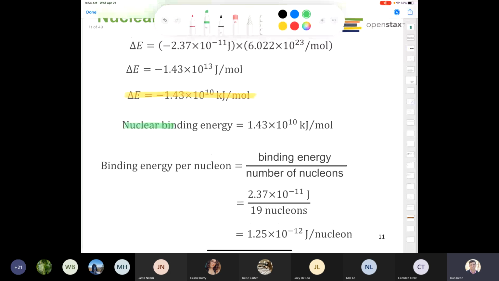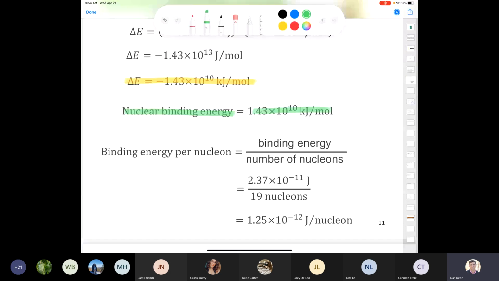Well, if we're comparing a bunch of different nuclei, what might be a little handier is to evaluate the nuclear binding energy per nucleon, per the number of protons and neutrons collectively that we have in a nucleus. So since in my fluorine nucleus I have 9 protons and 10 neutrons, I tally those up, I get 19 nucleons. I divide that and I get 1.25 times 10 to the negative 12 joules per nucleon.